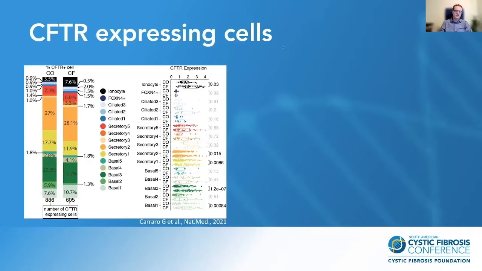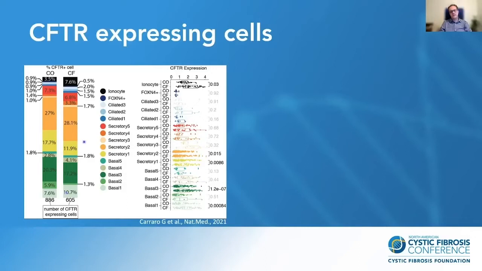Here on the left is the percentage of CFTR positive cells in control and cystic fibrosis. And you can see that we do see ionocytes present, but we can also see that subsets of secretory cells as well as basal cells contribute to the expression of CFTR.